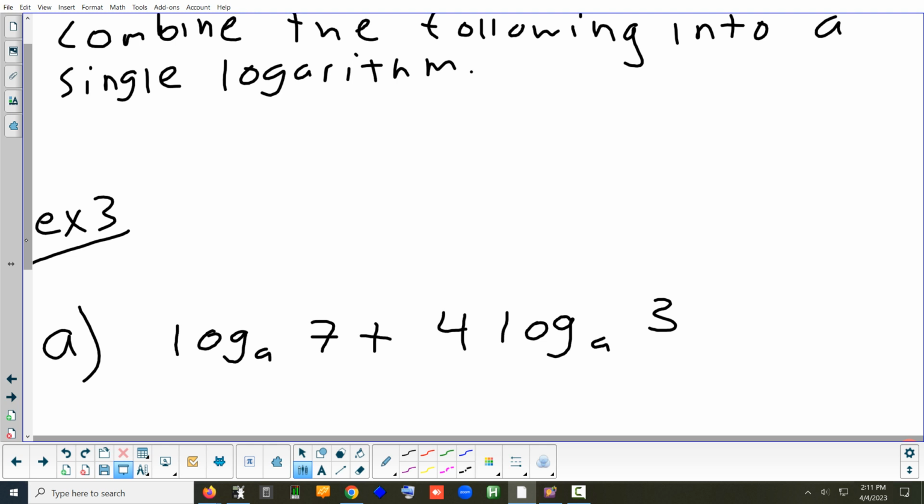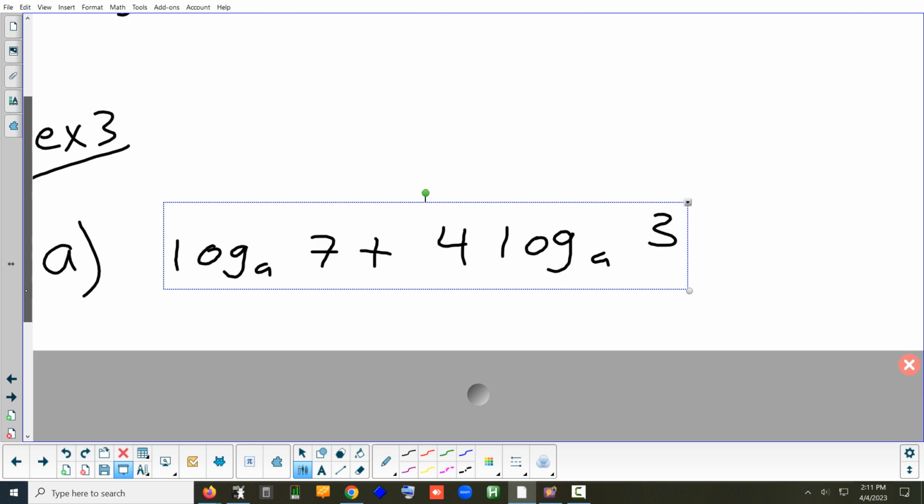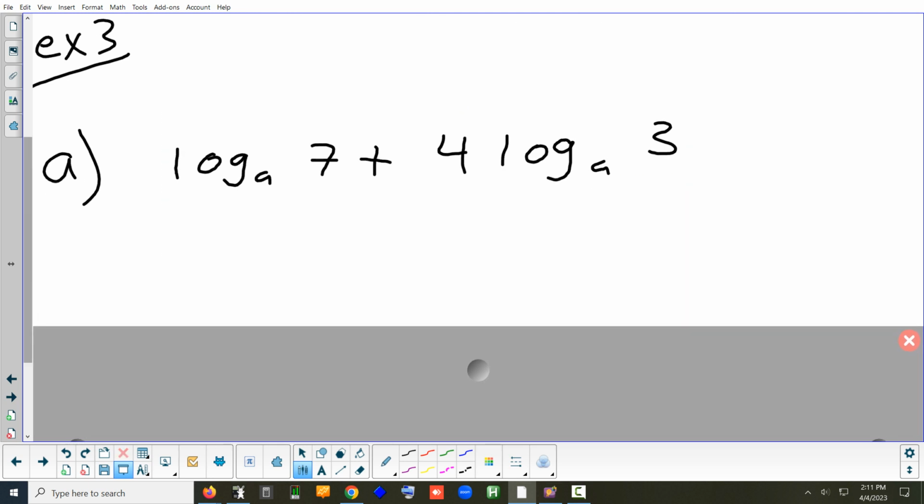Yeah? The 4 in front of log. Yep, the 4 in front of that log base A. Where's that 4 going to go? It's going to be 3 to the power of 4. So we're going to have log base A of 7 plus log base A of 3 to the power of 4.